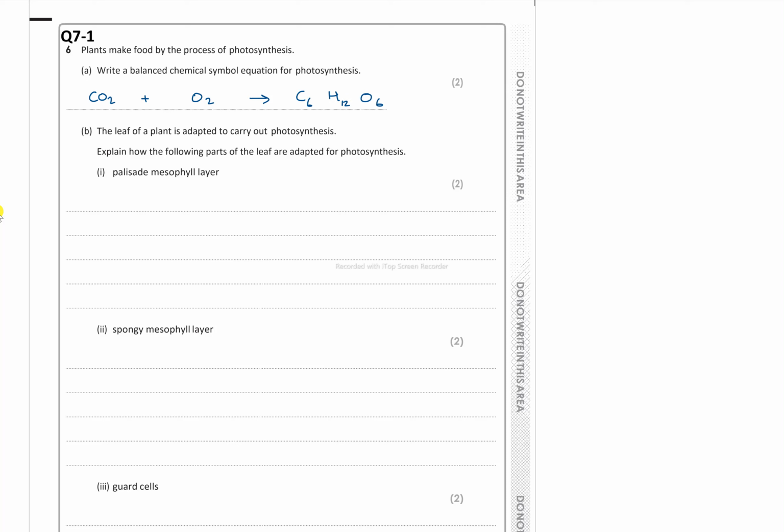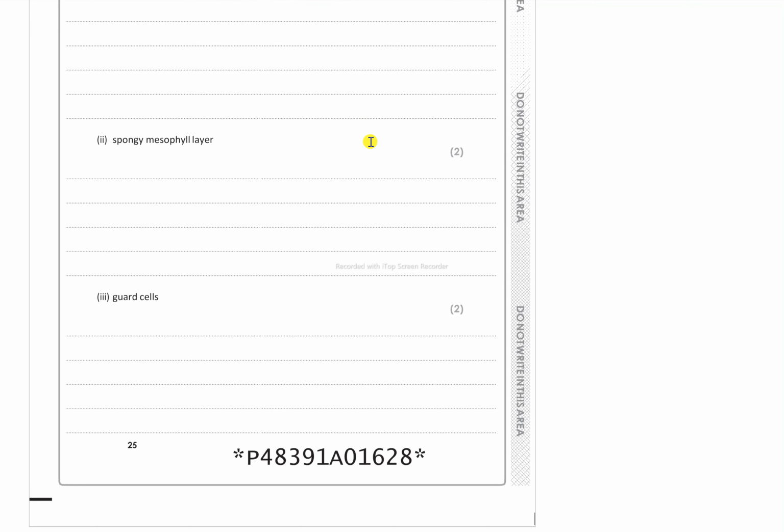So remember, hydrogen is double oxygen, and you get a waste product of oxygen. This is the big molecule, and all the small molecules, you add the 6, 6, 6, and it's done.